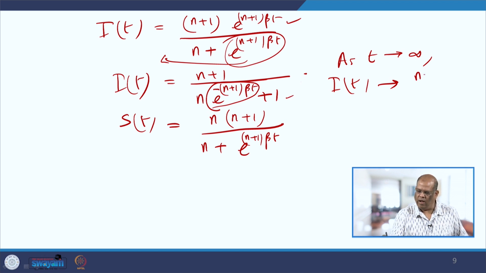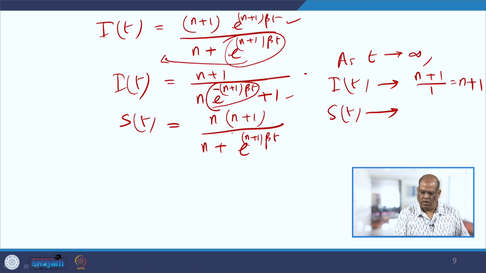So, you are left with n plus 1 by 1, which is equal to n plus 1. And your st, as t becomes large, this is exponentially growing. So, this goes to infinite, and the denominator goes to infinite, and hence it goes to 0.